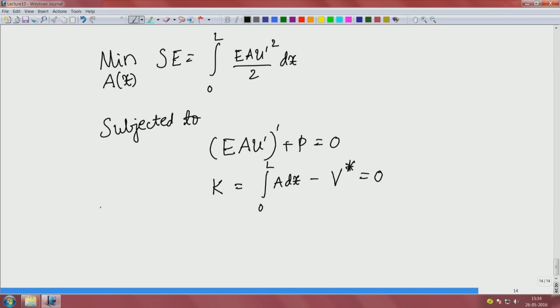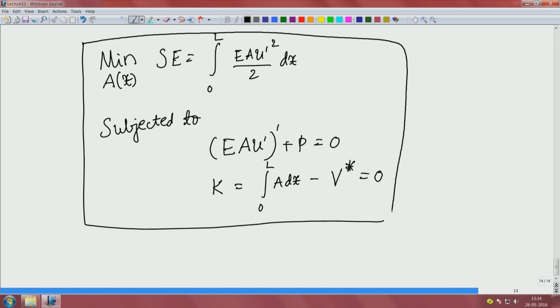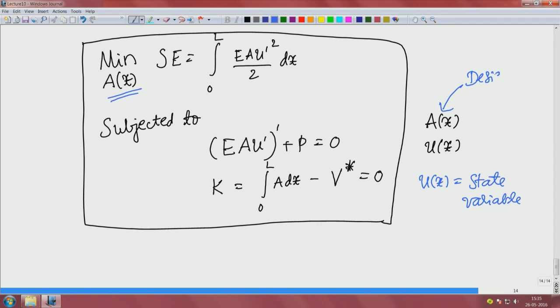So, now this problem, if we look at, is dependent on two functions. One is A of x and the other is u of x, which is not something that we are making an optimization variable. U here is called a state variable, that is, the state is the displacement, whereas A of x is the design variable in structural optimization.